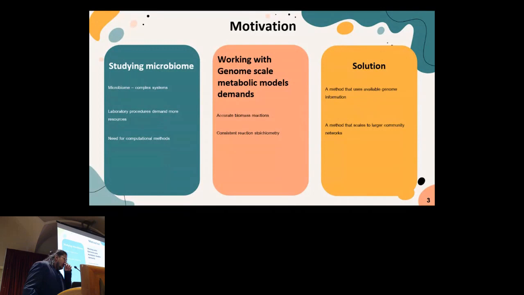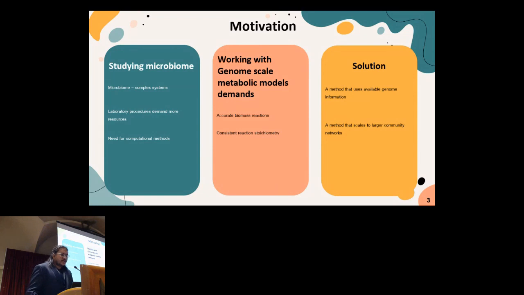But is there a way to come up with a computational method which uses only already available information? The solution would be to come up with a method that uses available information, which is the genome information.